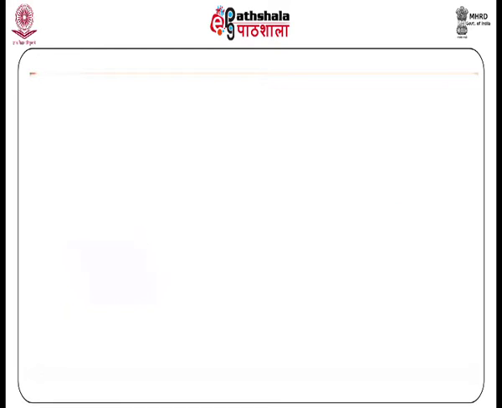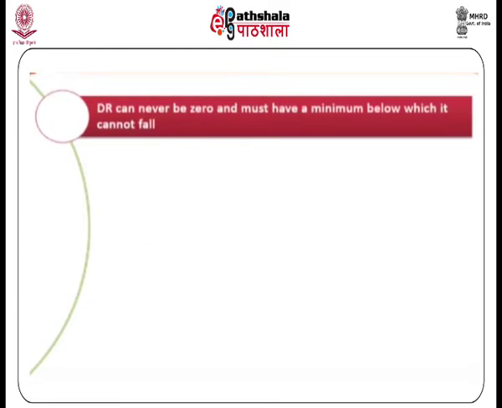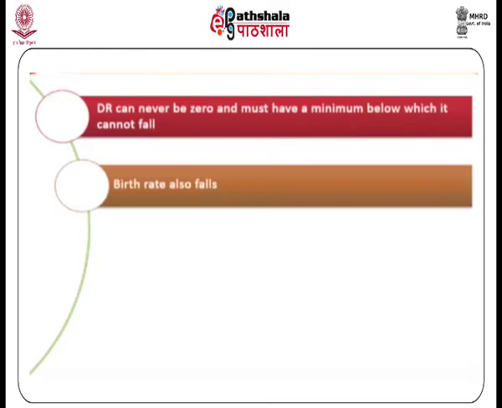We know that DR can never be zero and must have a minimum below which it cannot fall. Also, by now, sufficient time has elapsed for socio-cultural patterns and religious cum traditional influences to have changed such that the birth rate has also fallen low.